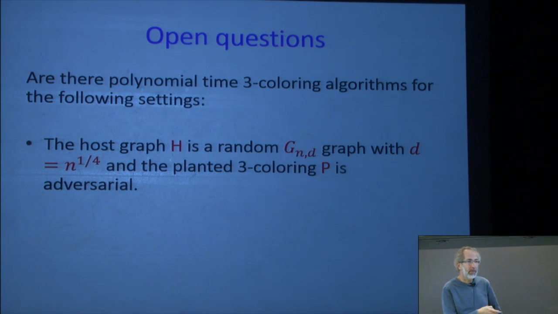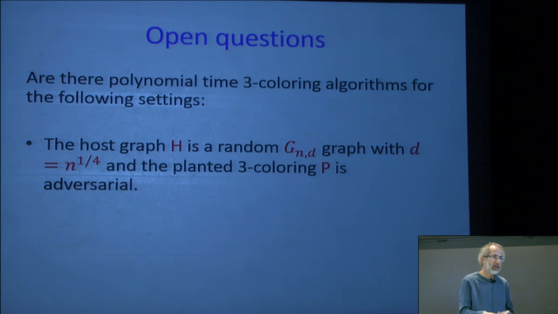There is this general principle that always happens in these planted models, where the lower the degrees, the more difficult it becomes, until you get to very, very low degrees. So if we follow this pattern of thought, it should be NP-hard, but the proof completely breaks down. So we don't know.